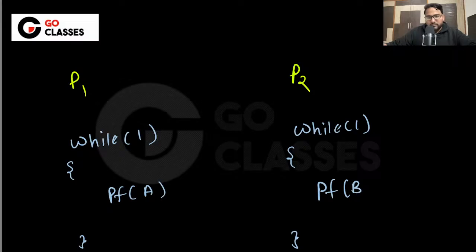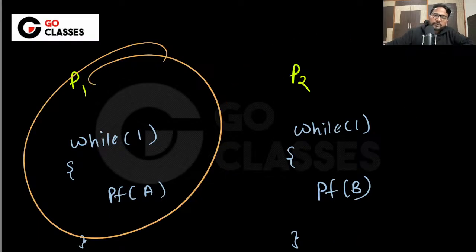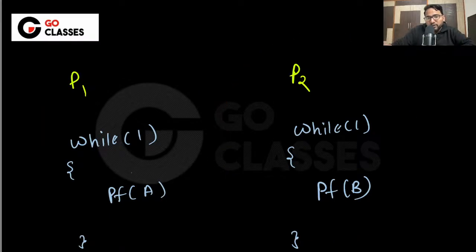Let's suppose p1 is doing one thing: while one, it is printing a. And p2, while one, is printing b. So there are two processes, p1 and p2, one printing a and the other printing b. Now suppose I want strict alternation a b.